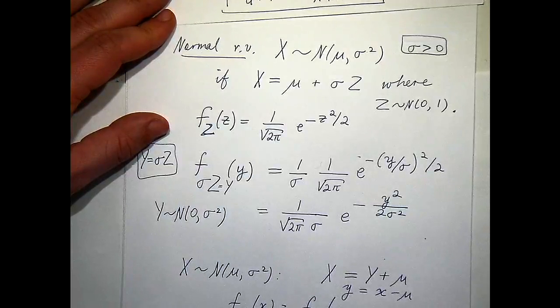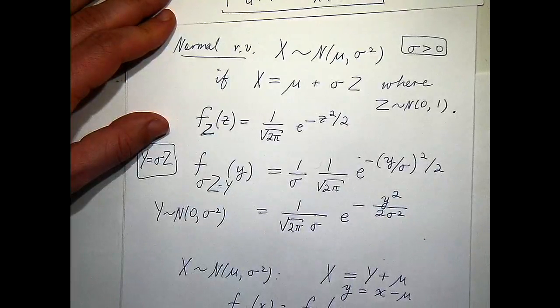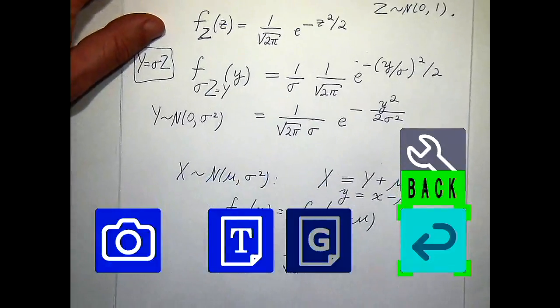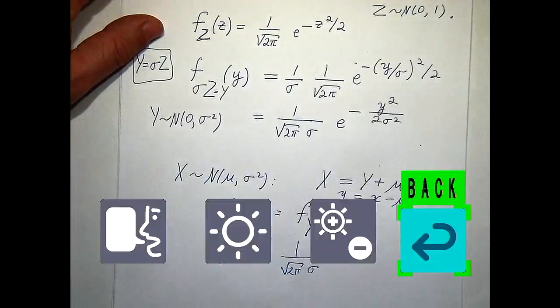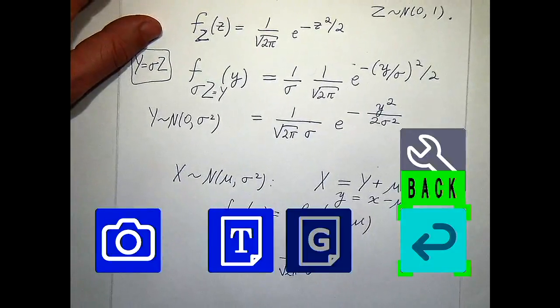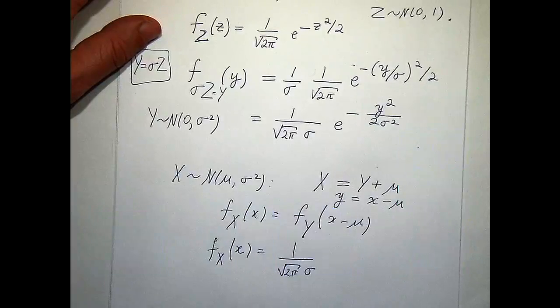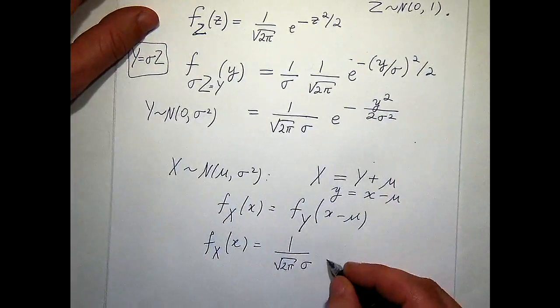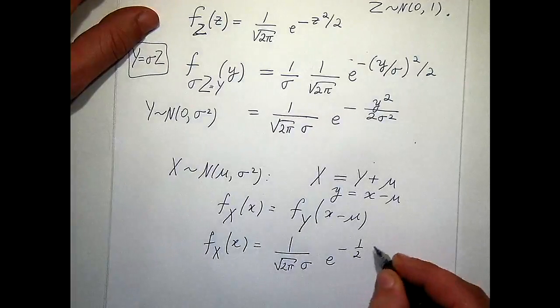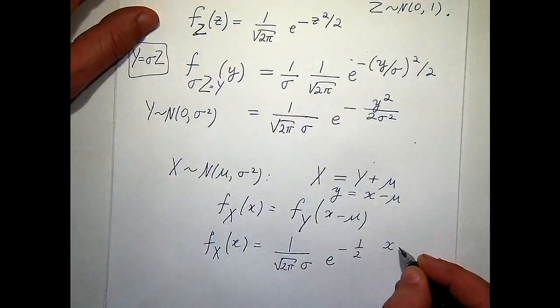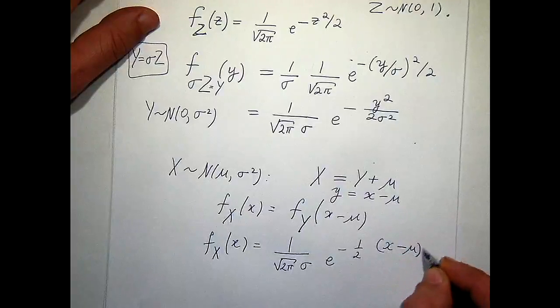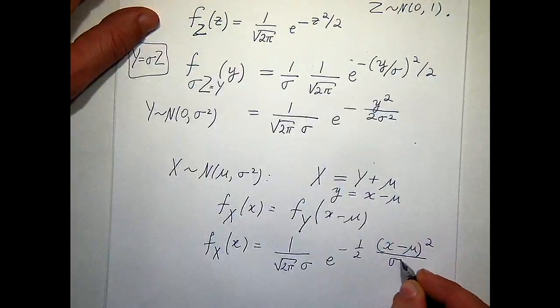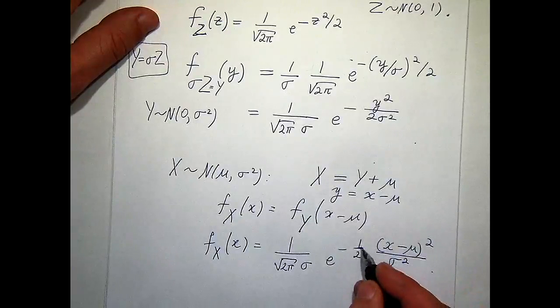Okay, so the density of a general normal mu sigma squared is 1 over square root 2 pi, sigma outside the square root, e to the minus 1/2 x minus mu squared divided by sigma squared.